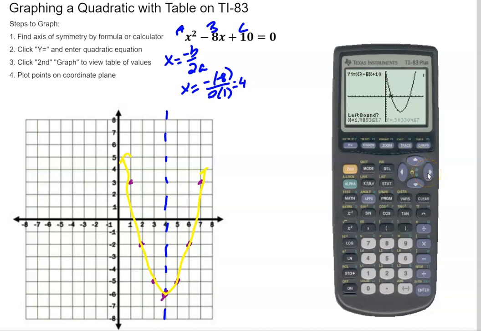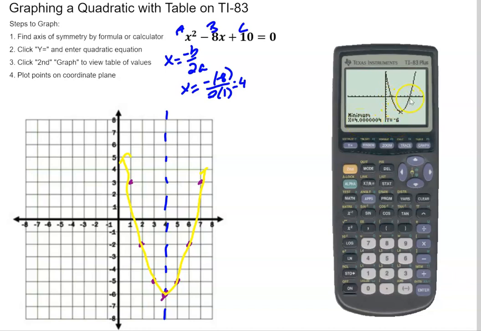You can see the blinking cursor there. I'm on the left-hand side, so I'm going to hit enter. Right bound means go to the right of the vertex. So I'm on the right-hand side, hit enter a third time, and here you can see 4, negative 6. Now with all these decimal places, this really means 4, just a really small decimal. But the actual vertex is 4, negative 6.